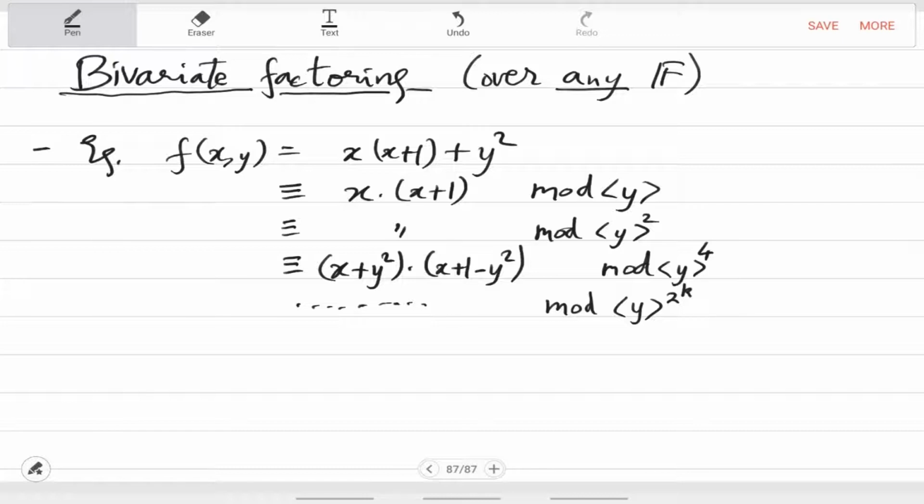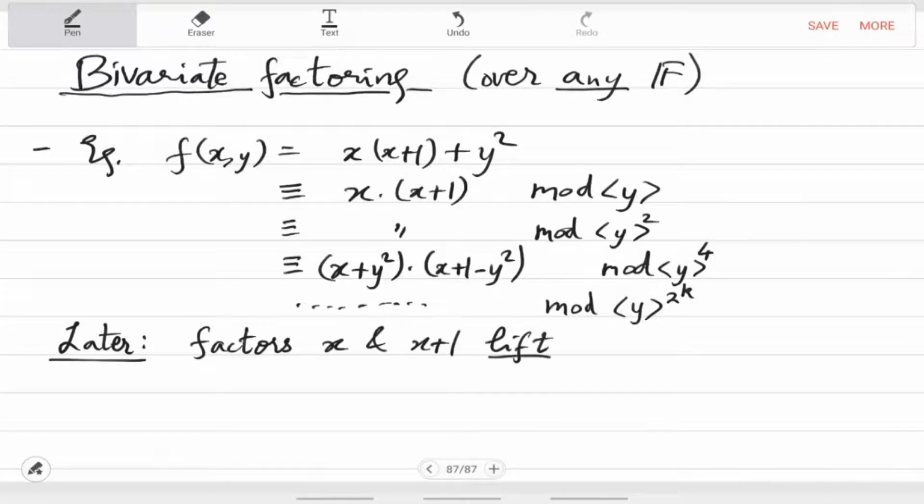We'll add the algorithmic parts in steps. So the first step will be to just understand this. How is this factorization lifting? Okay, this we call lift. So factors x and x plus 1 lift mod y raised to 2 raised to k for all k.